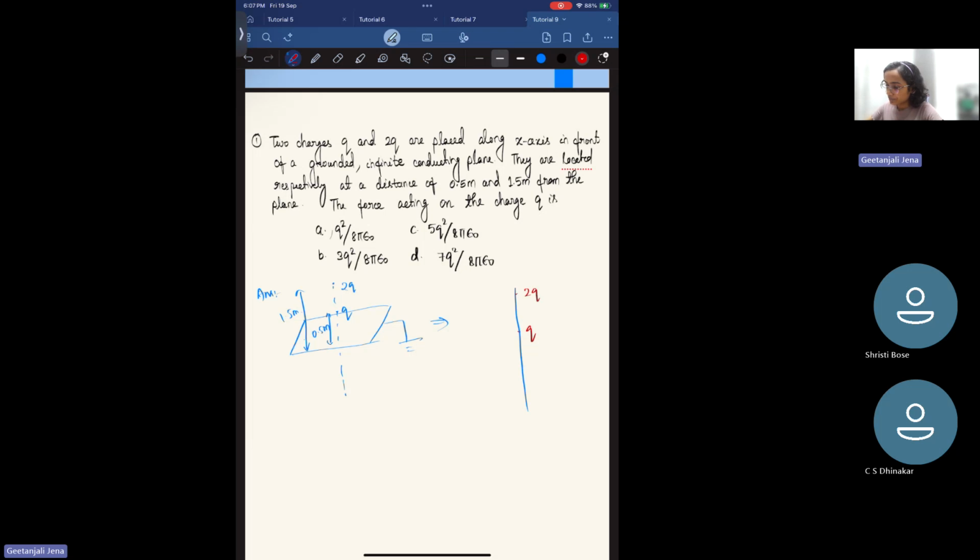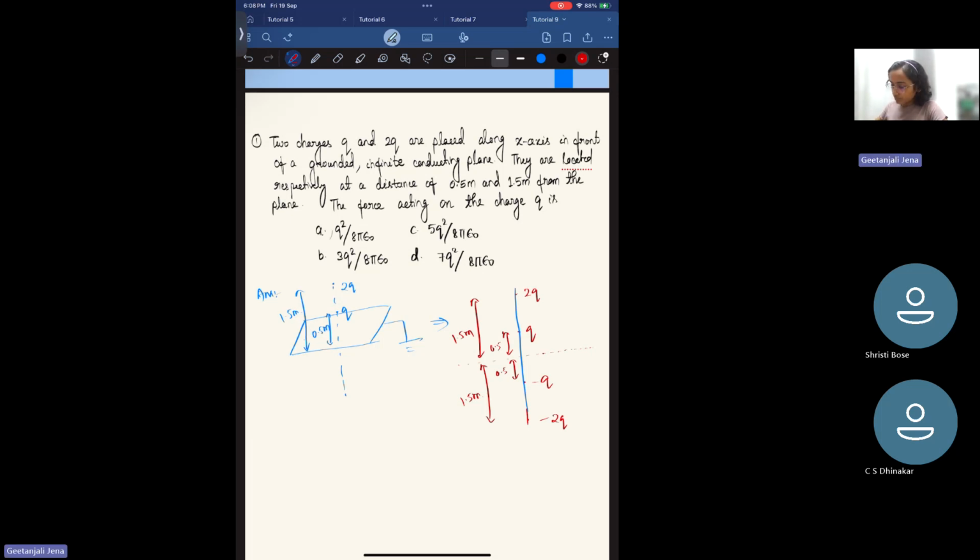Here we will have minus q and minus 2q. The distance from the grounded plane should be equal, so 0.5 and 1.5 on the other side. This configuration satisfies the boundary condition, which is why we can use this formulation to find the force.